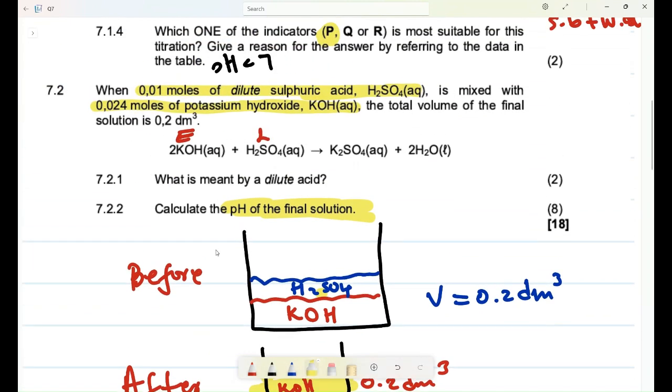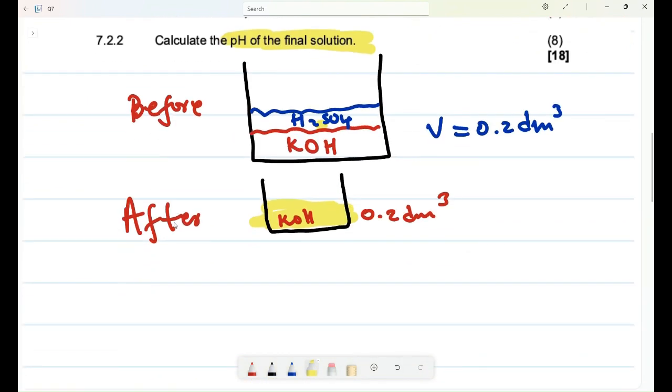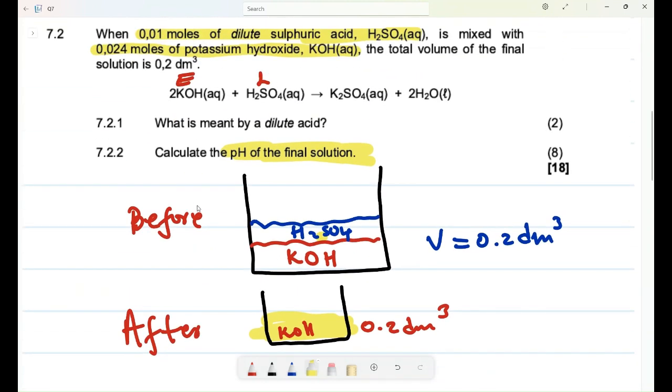Now, how can we do these calculations? Let's try to find the concentration of KOH that is in excess. The first thing, I should tell the examiner that I'm giving the initial. How can I calculate the number of moles of this in excess?